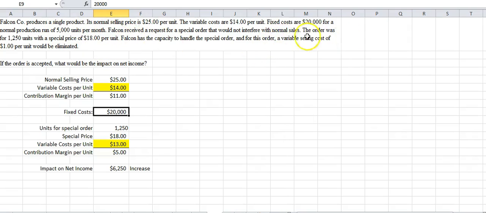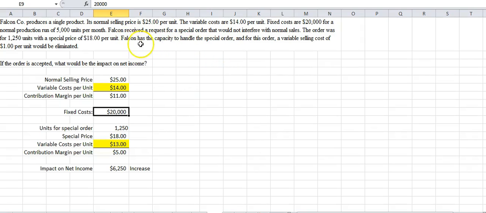So the order is for 1,250 units with a special price of $18. So it has a special price. You're going to sell it for less than the $25 that you sell your normal units.